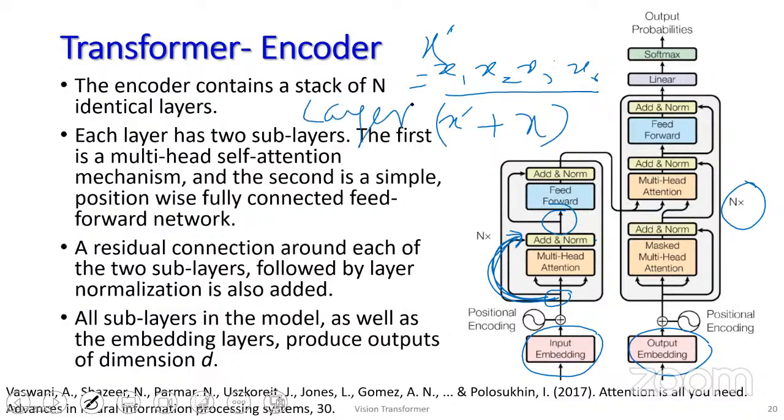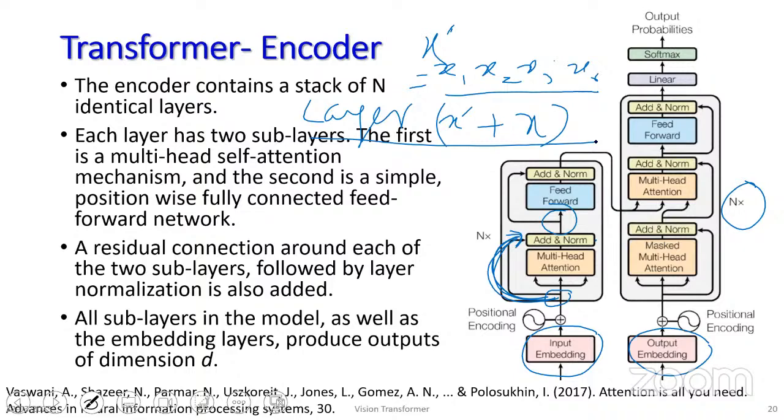What is meant by layer normalization? By layer normalization, I mean feature-wise normalization, right? If you have a batch of 3 vectors, I will be considering the first feature of every vector, the second feature of every vector, the third feature of every vector, and so forth.